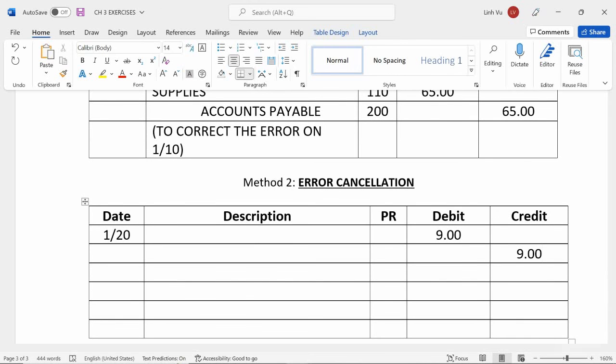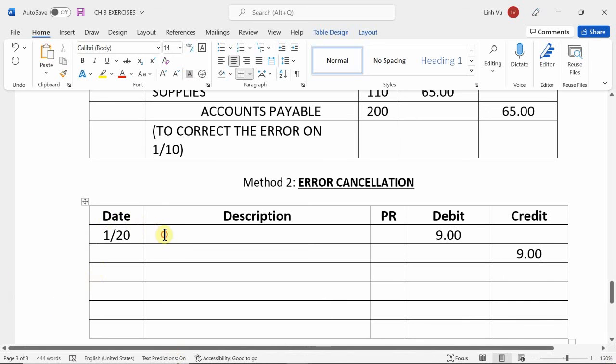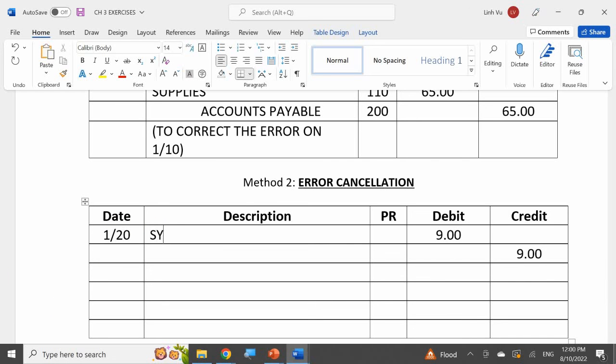So I need to increase my supplies by $9, right? And is my amount that I owe to the vendor, am I short in owing or am I over? Short, right? Because I owe them $9 more than what I recorded. Okay, good.